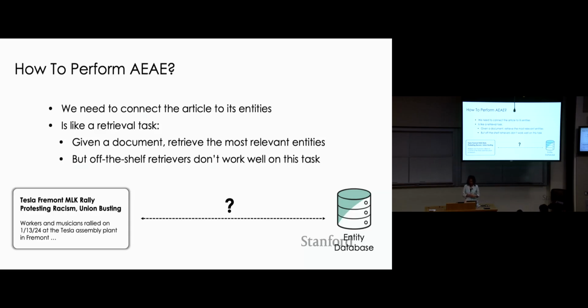And that is that I give you this article, and then I say, go retrieve the entity that is being talked about here. All right. So this is pretty standard, right? Here is the question, give me the answer. Give me the paragraph that contains the answer. Except that in this case, here is a gigantic entity list, and the off-the-shelf retrievers just don't work.